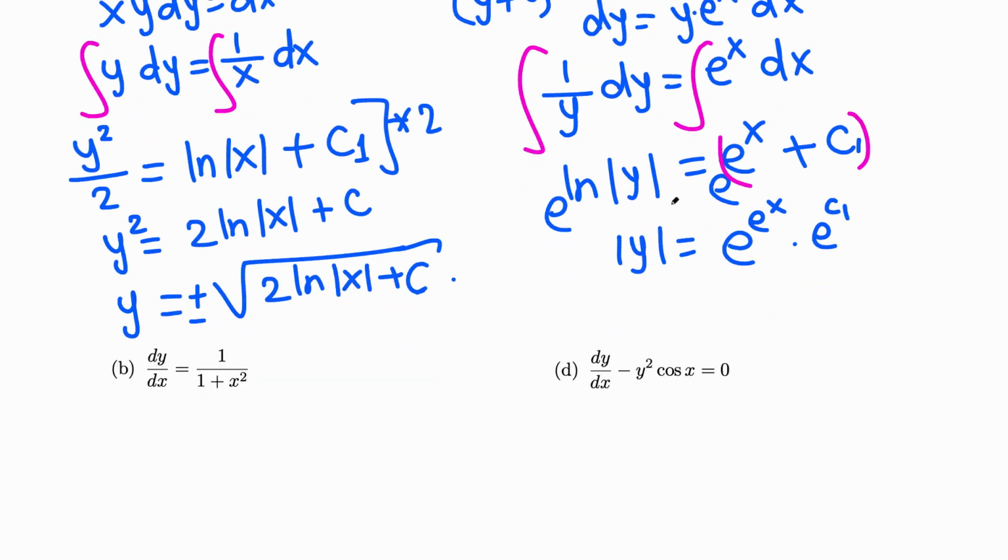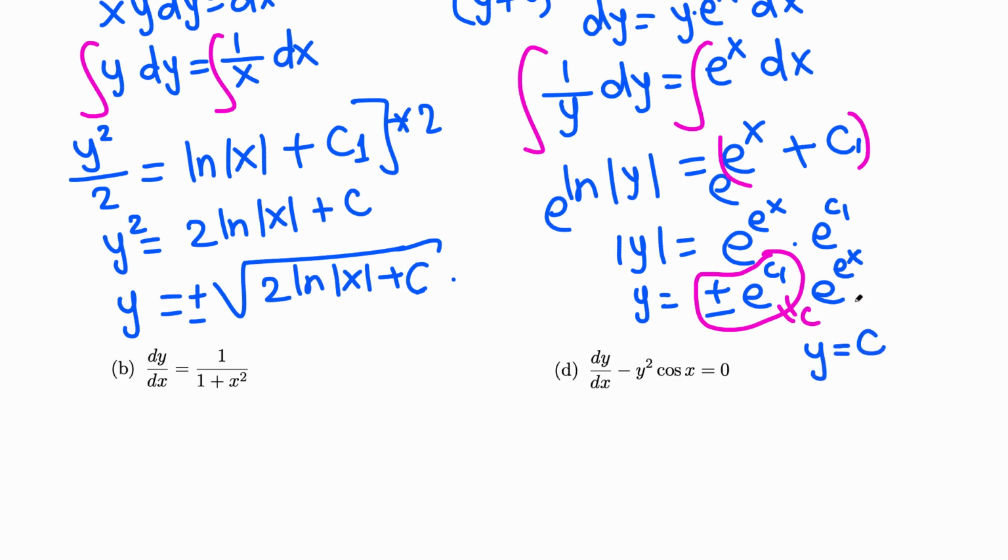So when we get rid of the absolute value, that gives plus or minus e raised to c1, which is a constant, so we can just call it a constant c. If we do that, then the solution is y equals c times e raised to x.